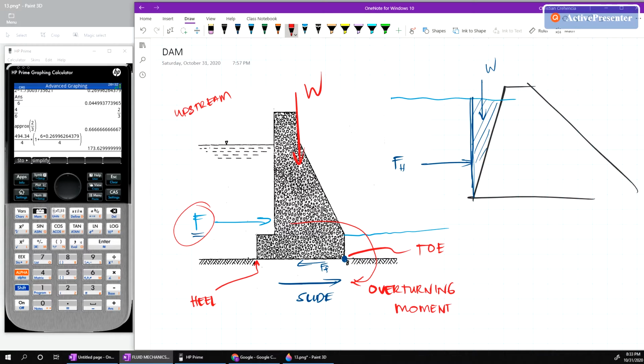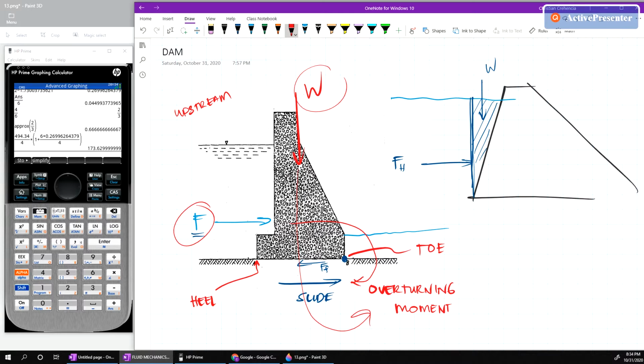Okay, so overturning. So, tinutumba niya yung dam. Okay, and ano yung nagme-maintain doon sa dam to be in its static position? So, of course, itong weight. So, yung weight naman will cause another moment opposite in direction ng overturning moment.